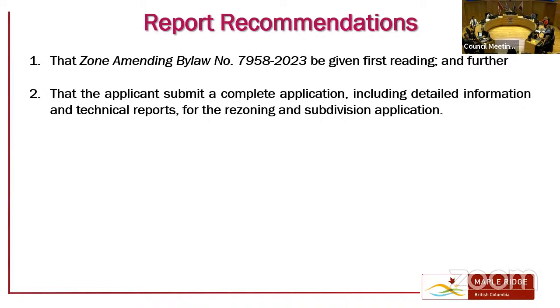I do believe that the properties zoned RS1B to the west got subdivided through the same policy, and R4 is providing lots that are 80% of the size of RS1B, which supports the subdivision and rezoning of this property. So lots are relatively smaller.